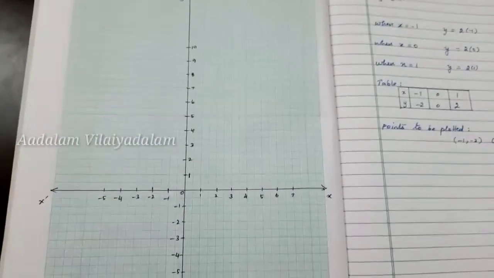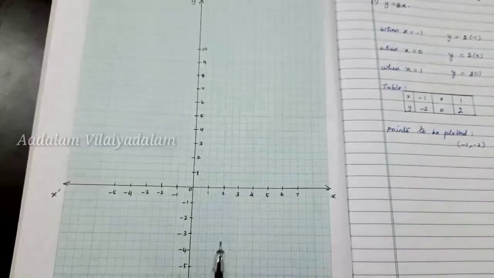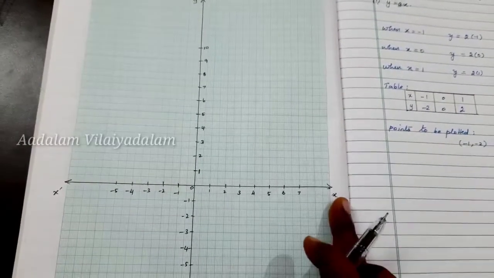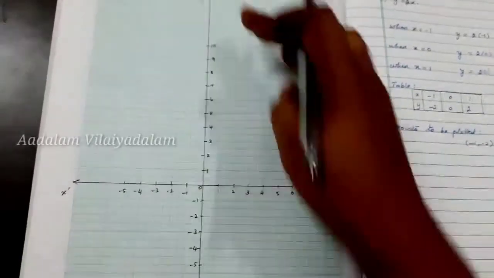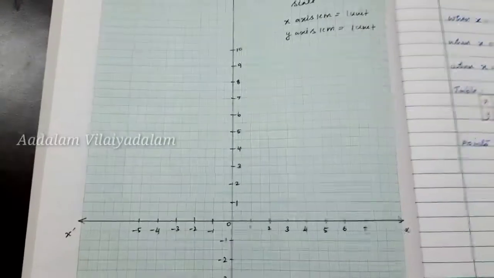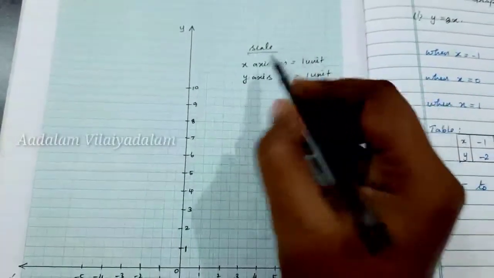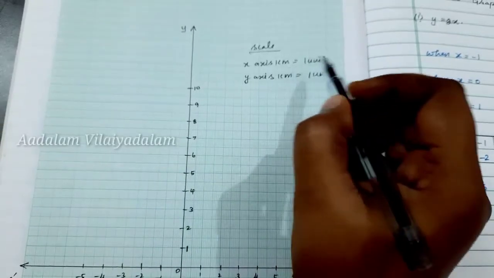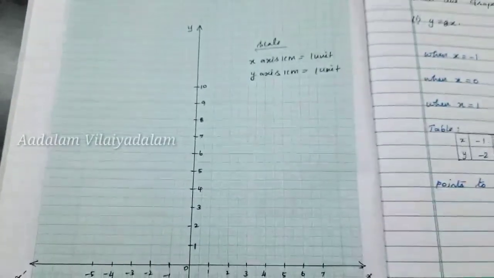Now we can see the required graph, drawn with the x-axis and the y-axis, that is x, x dash and y, y dash. Here the scale taken is x-axis 1 centimeter equal to 1 unit and y-axis 1 centimeter equal to 1 unit.